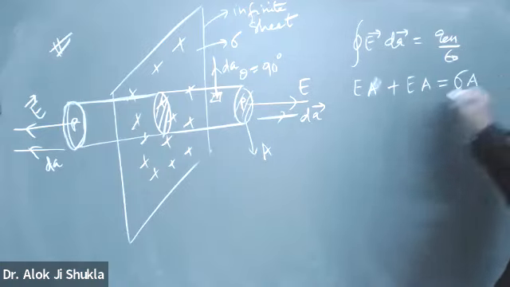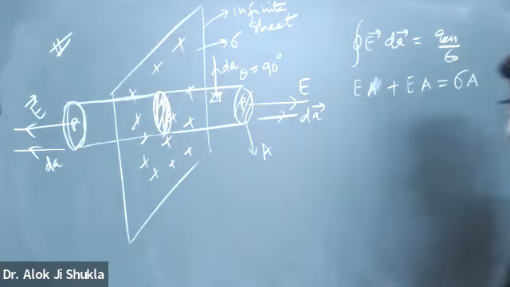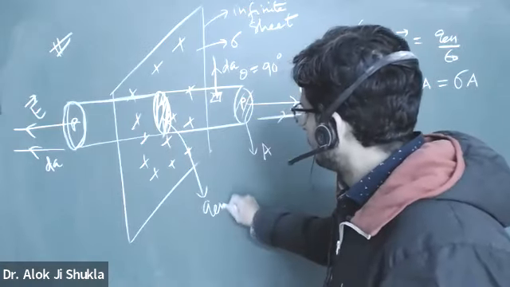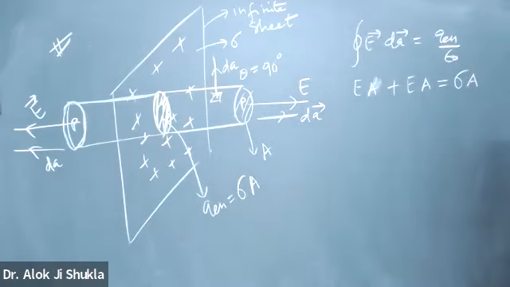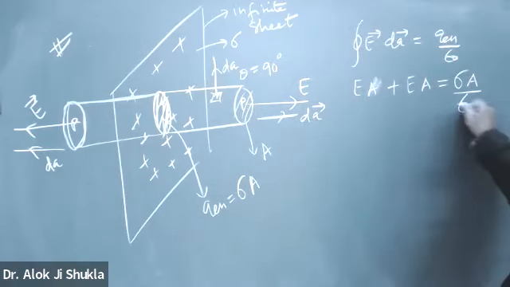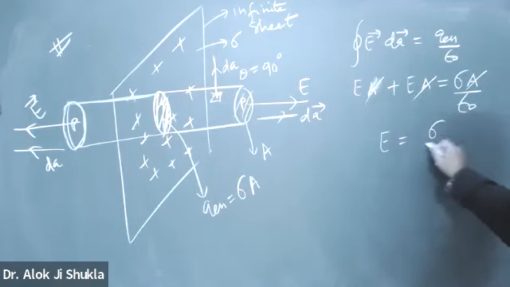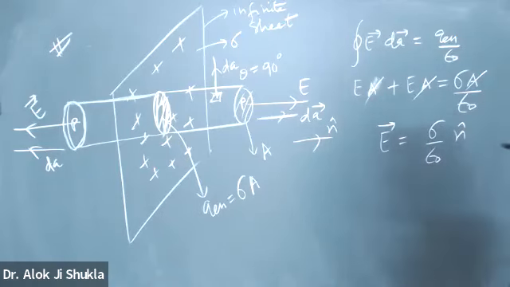Sigma into A, because here how much charge will be there in the Gaussian surface? Charge density into area over epsilon naught. So area will be cancelled. So field will be equal to sigma by epsilon naught n cap. Suppose this direction is n cap. This is the field.